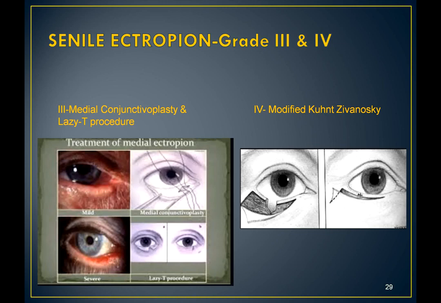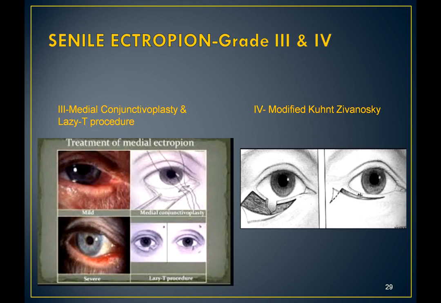That pulls the punctum inwards and relieves the symptoms of watering in the patient. But if it is severe enough as in the lower portion, then lazy T operation is done, in which apart from this surgery, we make a triangular excision of the lid so that its base is towards the eyelid margin, and then suture it. It relieves the horizontal lid laxity and things come to normal.